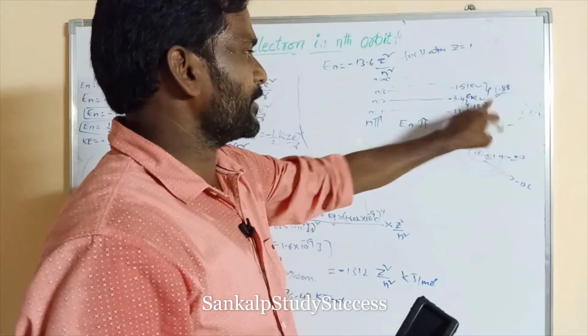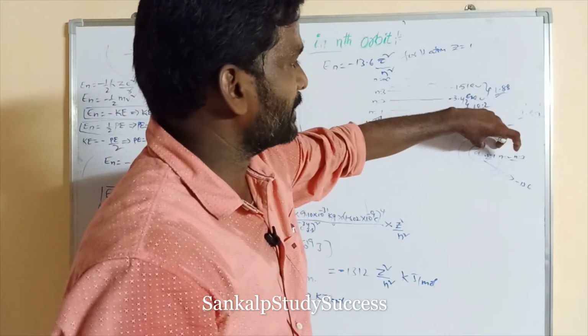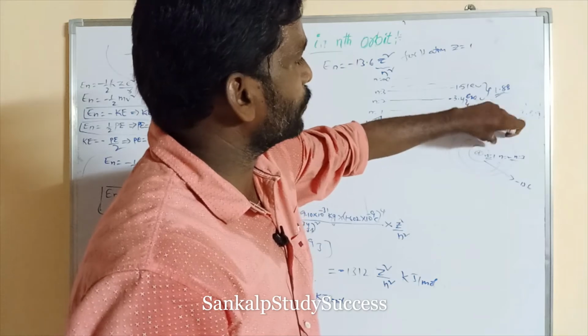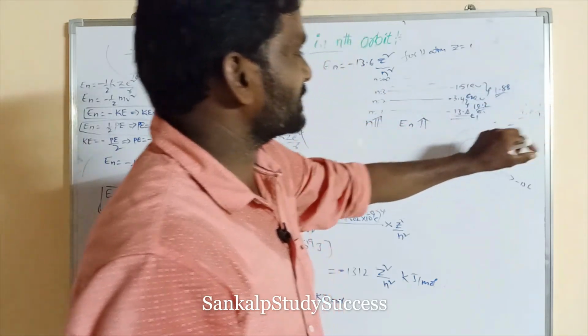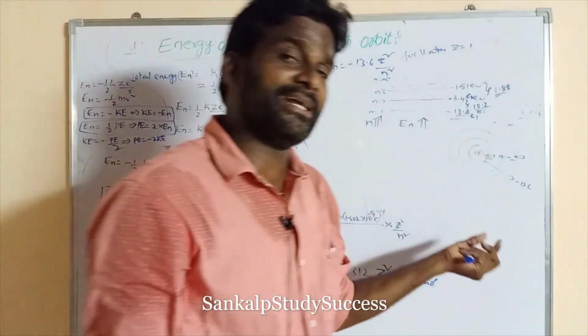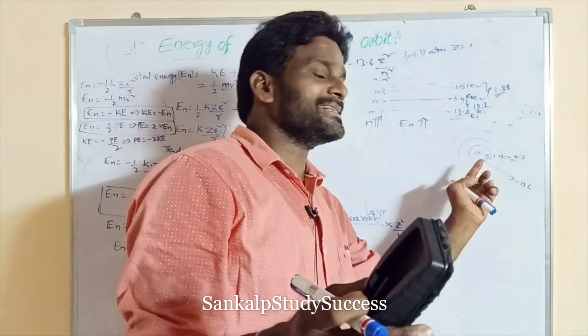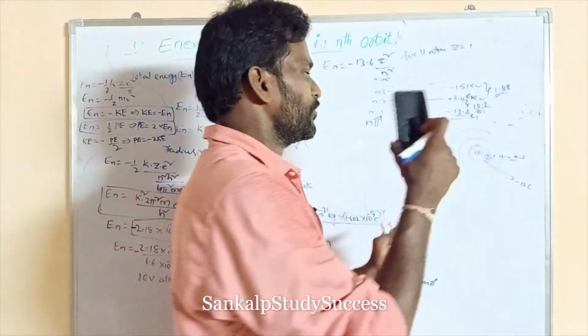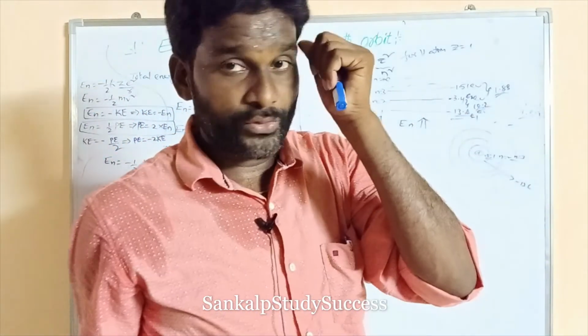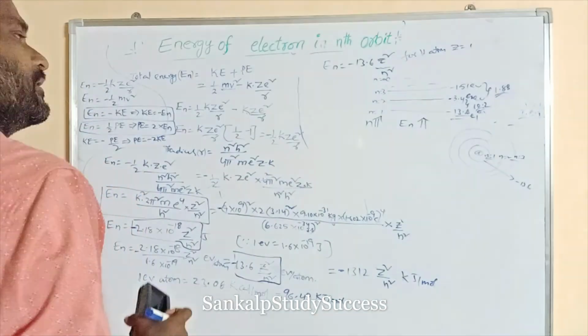This is 10.2, the energy gap from first to second. The energy gap from 2 to 3 is 1.88, and later it also decreases. That means the energy gap between the energy levels decreases as we move away from the nucleus, right?